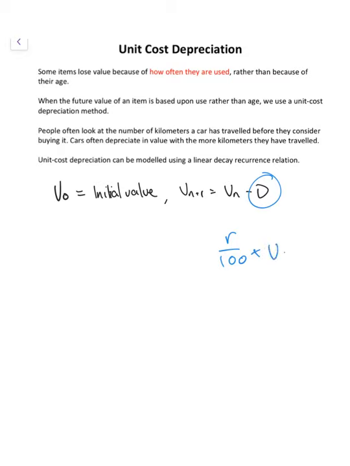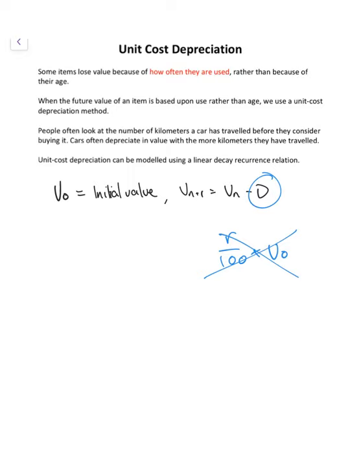Now, the recurrence relation that we use for unit cost depreciation looks the same as our flat rate depreciation. The significant difference is that instead of D being found using R over 100 times V0, D is simply the cost per unit of use.